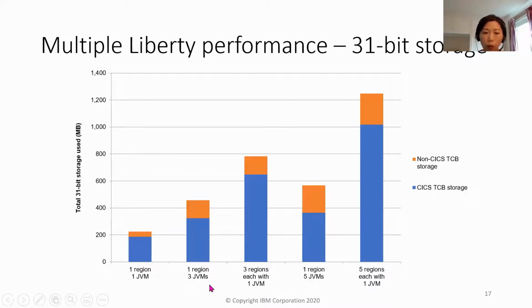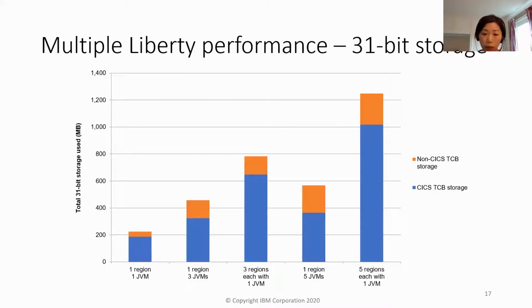And for the multiple JVMs in one region scenario, which is the second and the fourth bar, they have slightly higher CICS TCB storage, as well as non-CICS TCB storage, compared to the one JVM in one region setup.